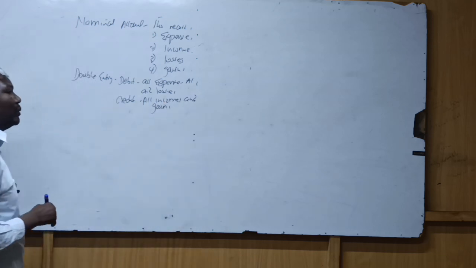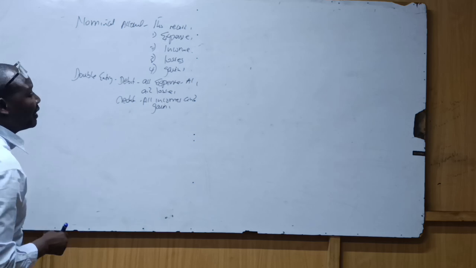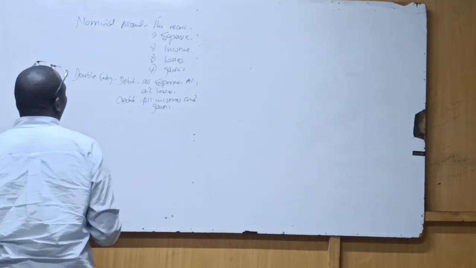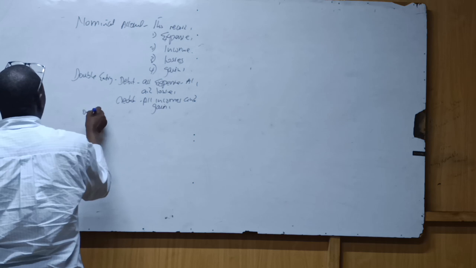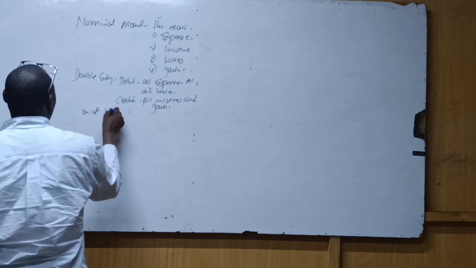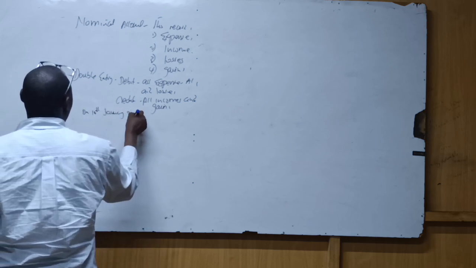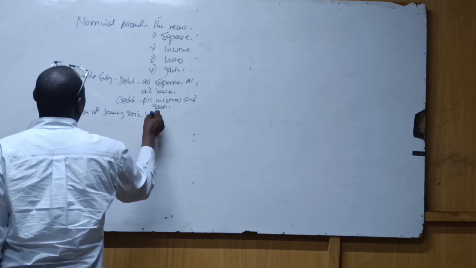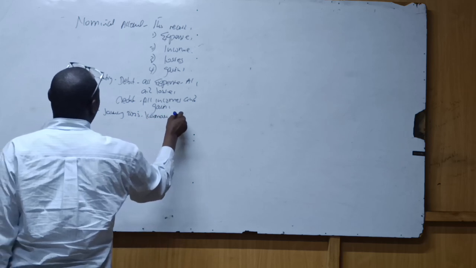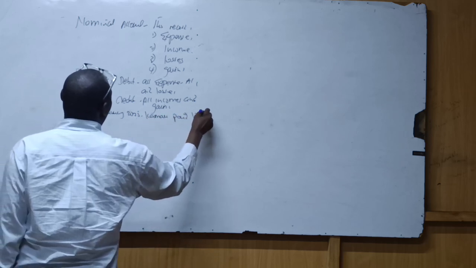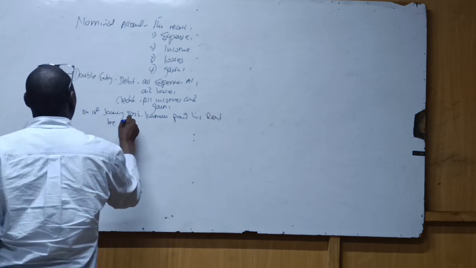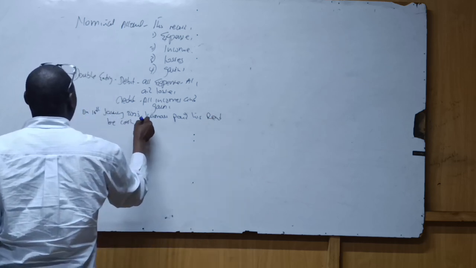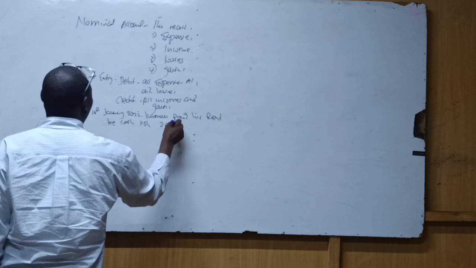I'll take two examples, one to explain gain or income and the other to explain expenses. So on 10th January 2025, Kamau paid his rent by cash, Kenya shillings 20,000.